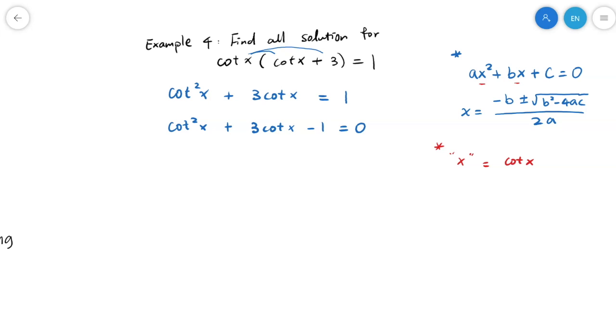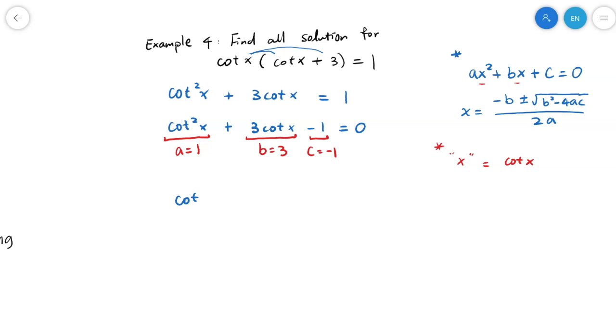So the cotangent squared of x corresponds to our x squared, so our a is going to be 1. 3 times cotangent of x corresponds to our 3x, so b is going to be 3. And then negative 1 corresponds to our c, so c is negative 1.